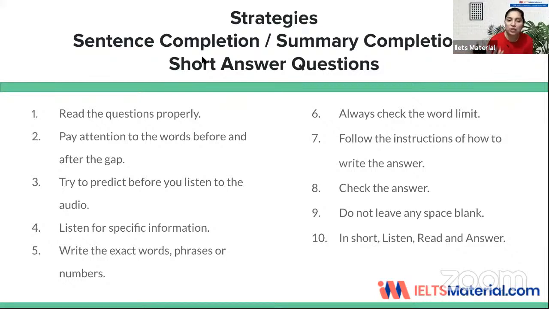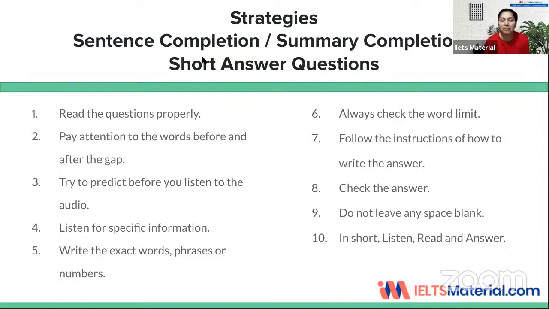The first one is read the questions properly. When you get some time to read the questions, you should utilize the complete time in marking the keywords, as well as just highlighting the keywords, where you should know where your talk is actually proceeding, or where you're standing, or which answer you need to find.